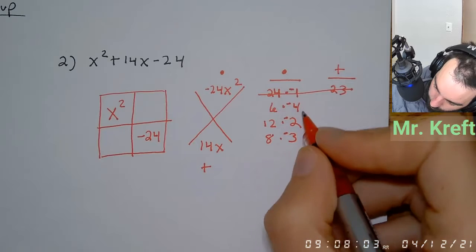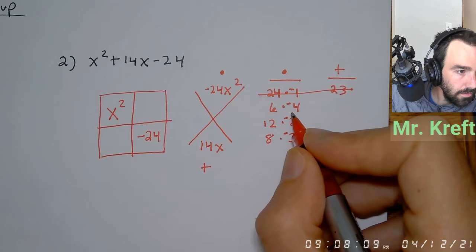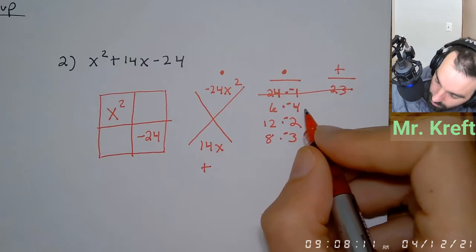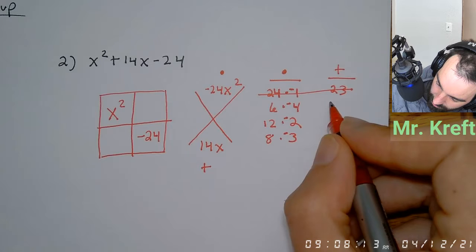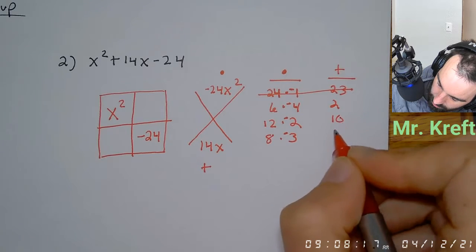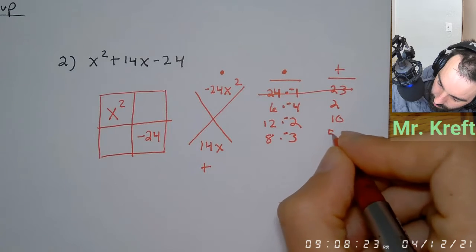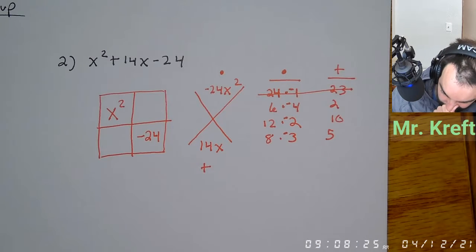6 plus negative 4, that is, interesting. Did I intend it to be negative? I did. I wonder if this doesn't have an answer. This would be 2. This would be 10. This would be 5. Uh-oh.